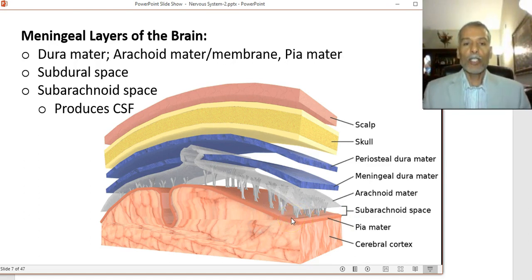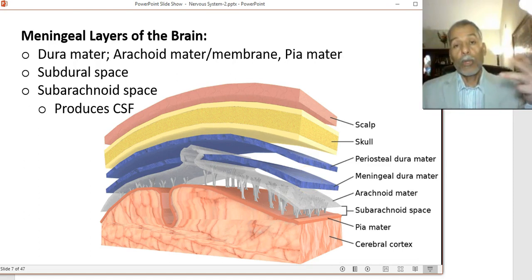So the pia mater. So now, what do we have? What are the meninges? Number one, the dura mater, and number two, the arachnoid mater, sometimes called the arachnoid membrane. And then the third one is the pia mater. There are two spaces, the subdural space and the subarachnoid space.